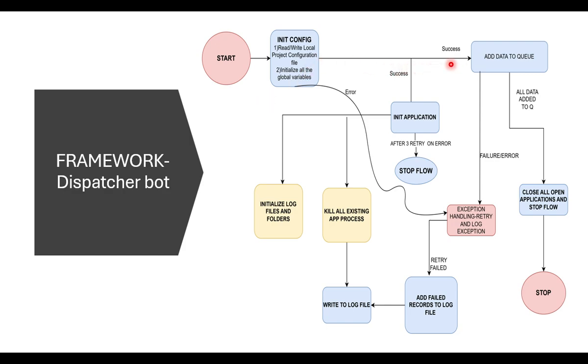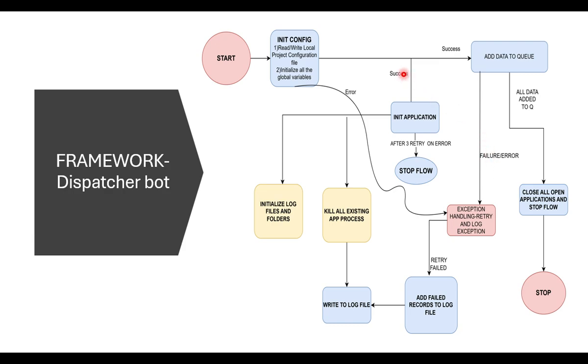Once that is successful, it will load the data to the queue. Since it's a dispatcher, we need the data to be loaded into the queue. The data can come from an email, from a UI application, or from an API as well.